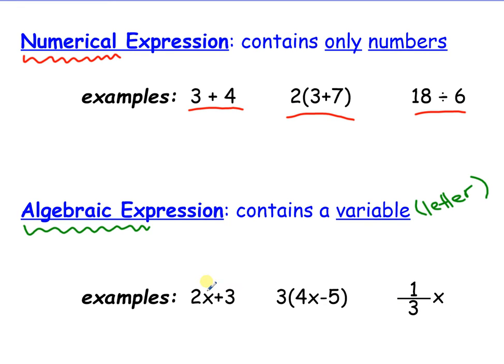Now, the most widely used variable is x. We tend to use the letter x a lot. And this x looks a lot like a multiplication sign, but it's also a variable. That becomes difficult when we're looking at a problem or an expression like this. Does that mean 2 times positive 3 or 2x plus 3?